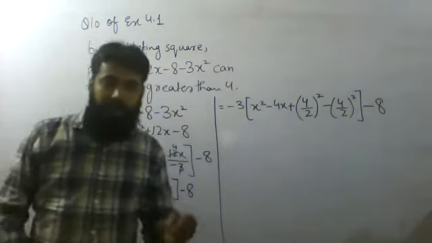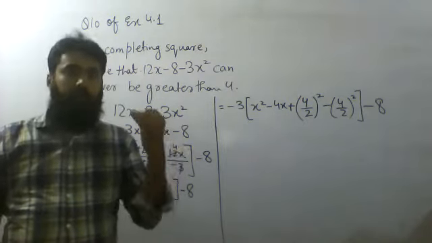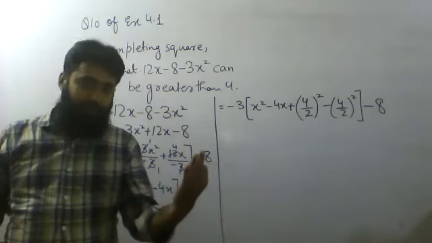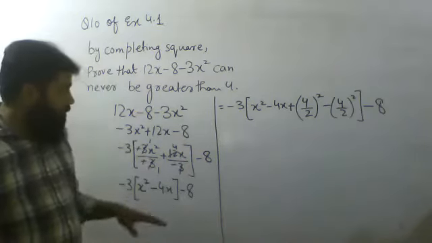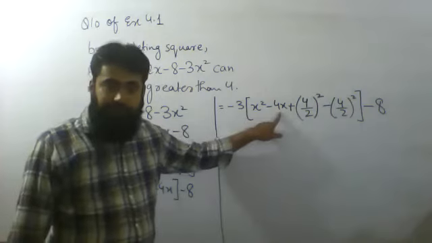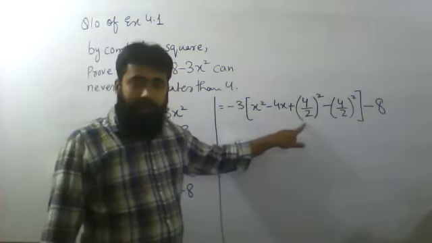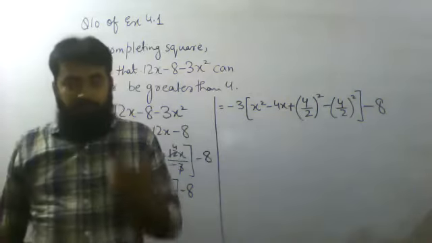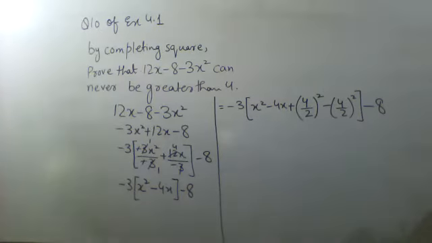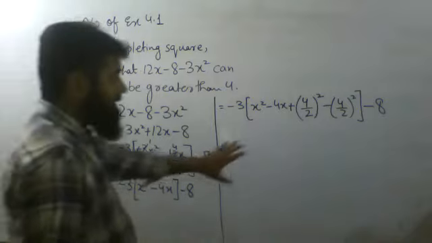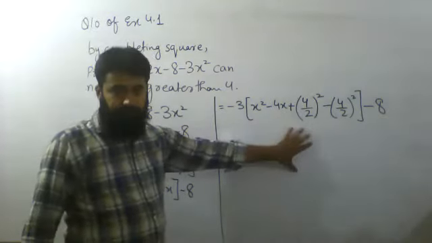So I should have a square term, 2ab term, and b square term. That's the thing I have done over here.